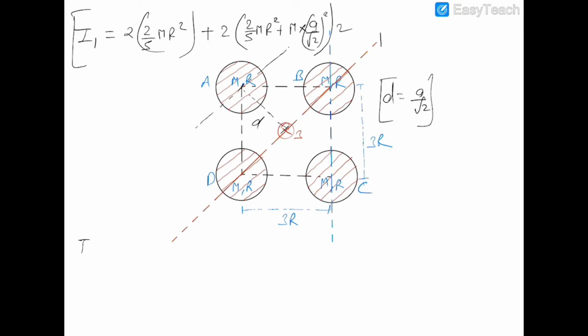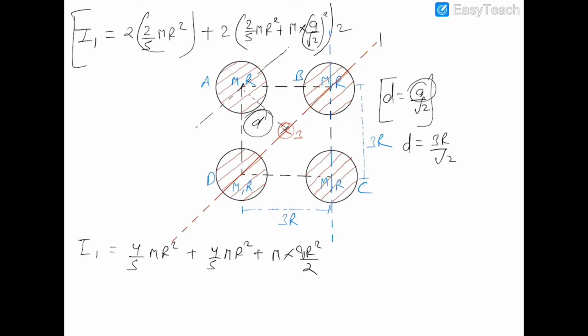Okay, so I1 is equal to 4/5 mr² plus 4/5 mr² plus m into d, where d is a/√2 and a is the side of the square. So the side of this square is 3r, so this is 3r/√2. So this would be m into 9r²/2, and it is also multiplied by 2.